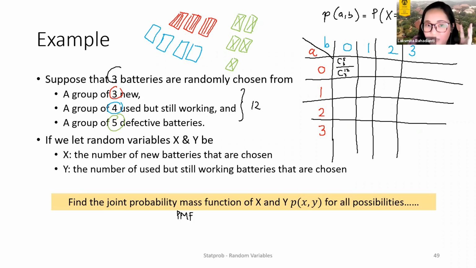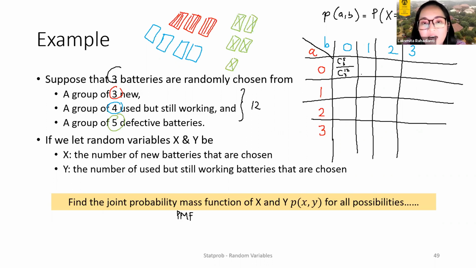That's my sample space. And in this particular case, I have the combination of 3 out of 5 because this is the only selection I can take, the defective batteries. I did not take any of the new ones. I did not take any of the 4 ones. Let's move on.